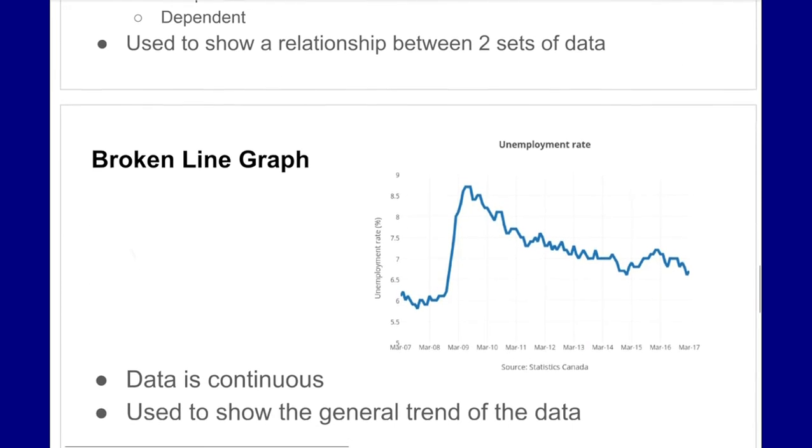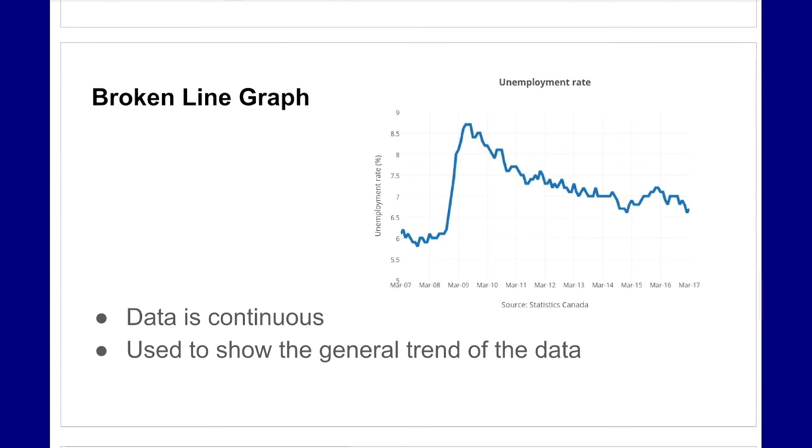A broken line graph. So in the broken line graph, the data is continuous. So this means there's an infinite range of possible values. And usually it's used to show the general trend of the data. So here we're looking at the unemployment rate at different time periods.